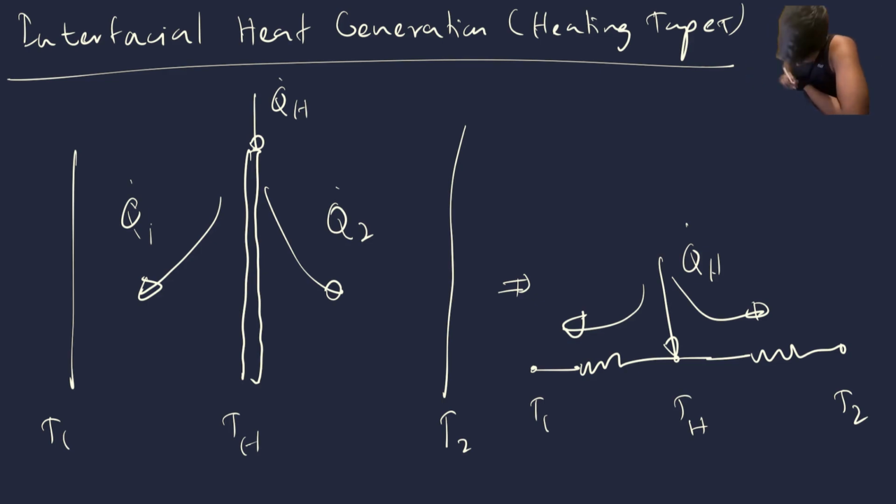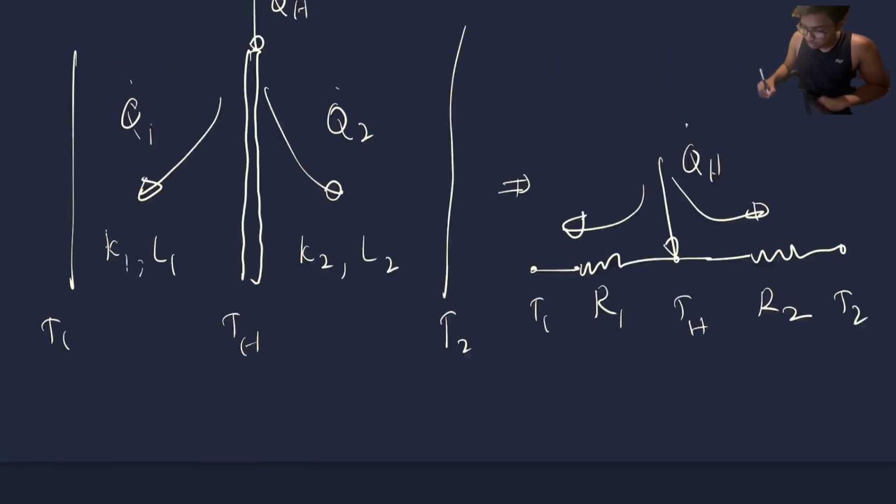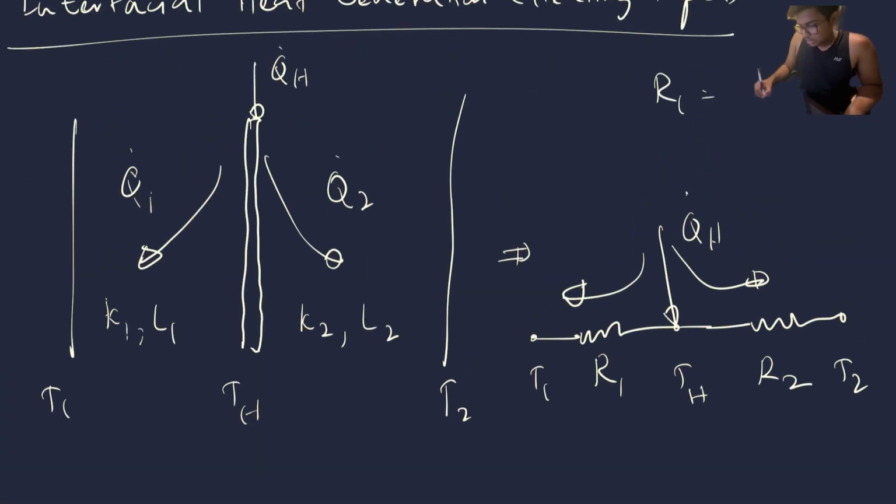So this one becomes K1 L1 and this one becomes K2 L2. So R1 and R2. Just a small recap: R1 and R2 are equal to L over K times A. Substitute the K1 or K2 here, and for this, substitute the L1 or the L2.